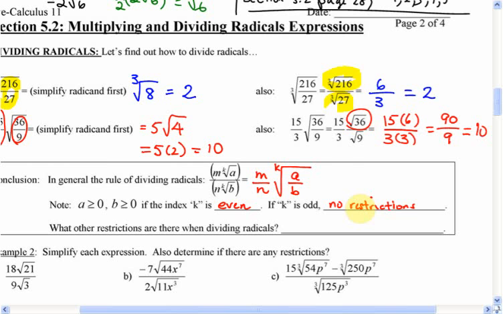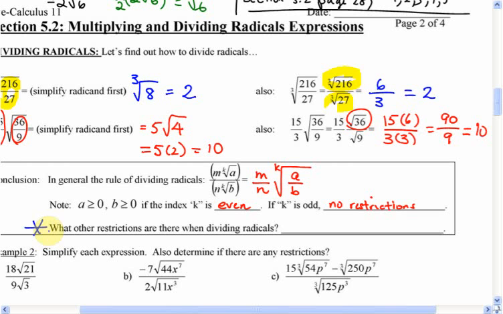However, please star this. When you're doing divisions, there's another restriction that pops up. Do you guys remember from where? What other restriction happens when you're dividing? Think back to chapter 6. When you divide, what number can you not divide by?